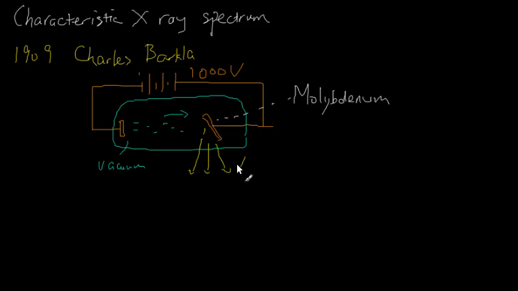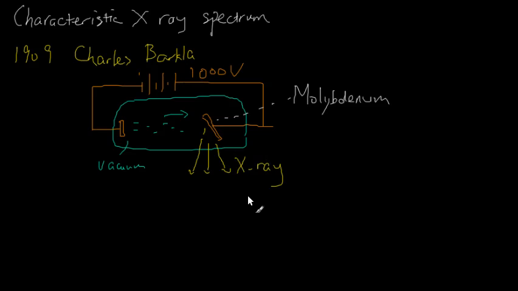So these are X-rays. 1909 was the very early days of X-ray, I think not long after it was discovered. So this was one of the very first research on X-ray, and what Charles Barkla did was he wanted to look at the X-ray spectrum.